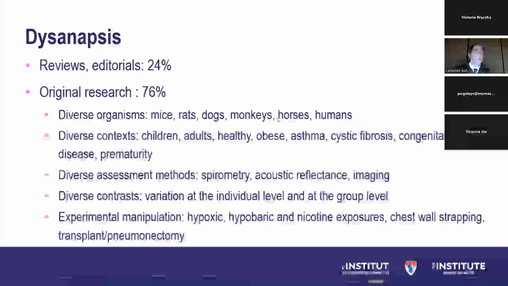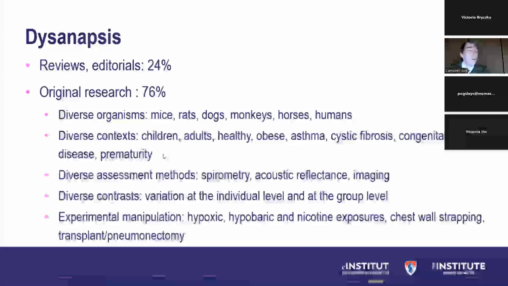People have been studying various organisms from mice up to humans, horses as well. They've studied dysanapsis across the life course and also in various disease contexts, both healthy, but also asthma. It's been heavily studied in obesity, cystic fibrosis, etc.